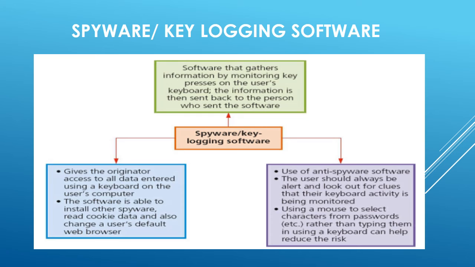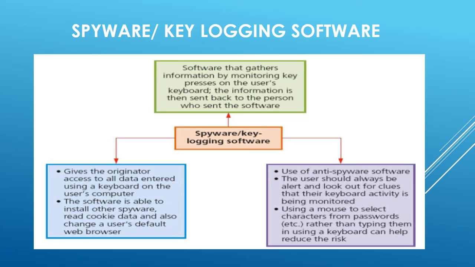Next security threat is spyware or key logging software. Spyware or key logging software is software that gathers information by monitoring key presses on the user's keyboard. The information is then sent back to the person who sent the software. That gives the originator access to all data entered using a keyboard on the user's computer.